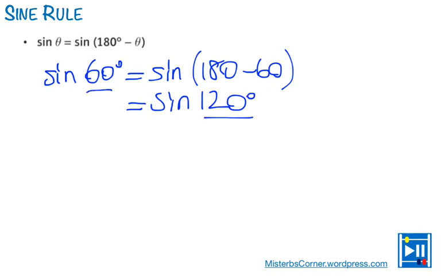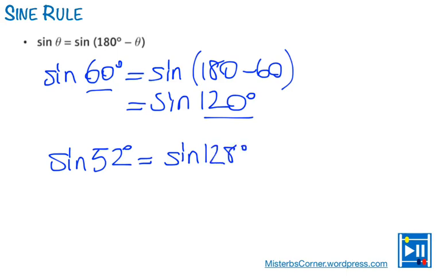So when two angles add up to 180, when they complement each other, the sines of these values are the same. Or it could be any angle pair which adds up to 180. It is like sine 52, which is equal to sine 128 degrees, right? These give you the same value.